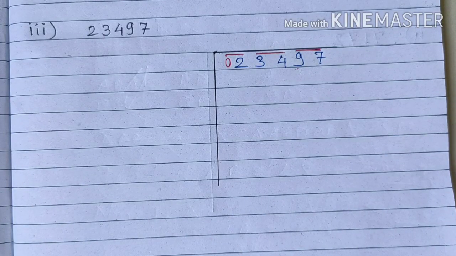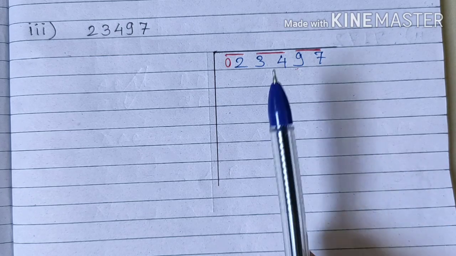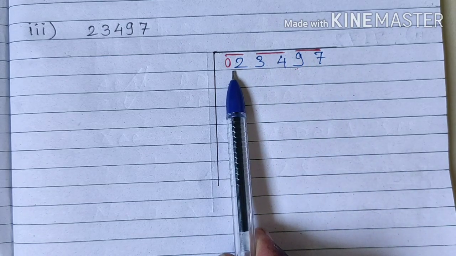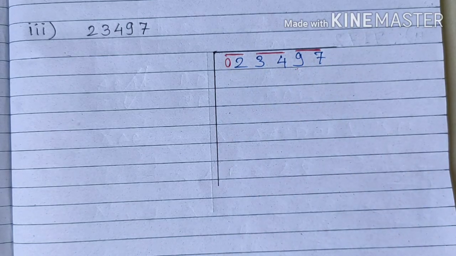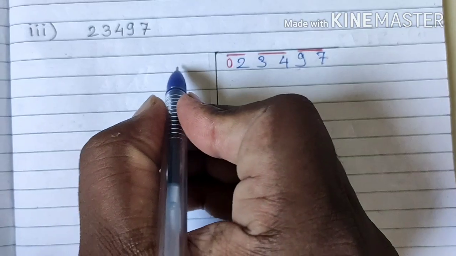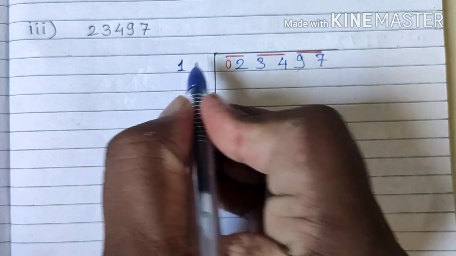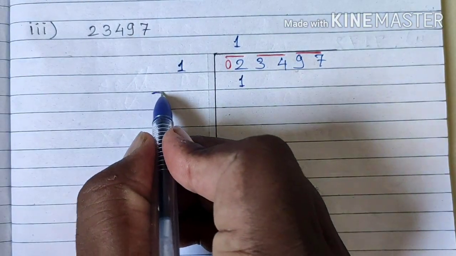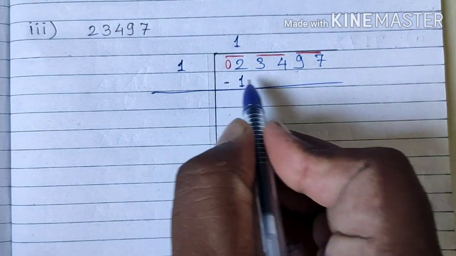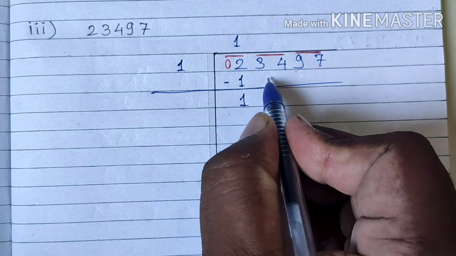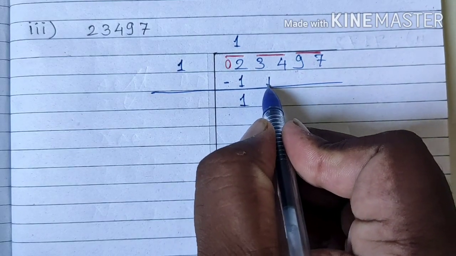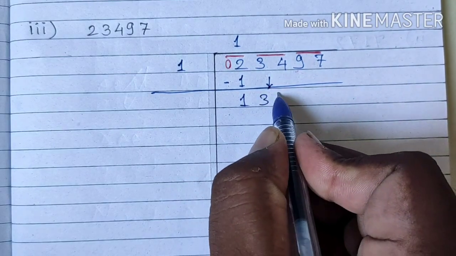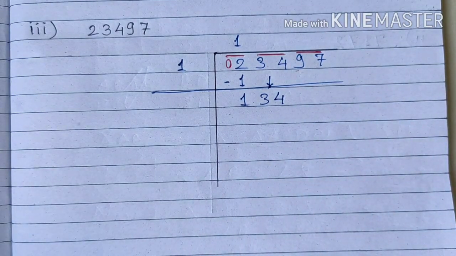Now students, tell me whose square is less than 2? It is 1. So let us write here 1. Subtraction gives us 1. And this 34 will come down. Second pair will come down. Got it?